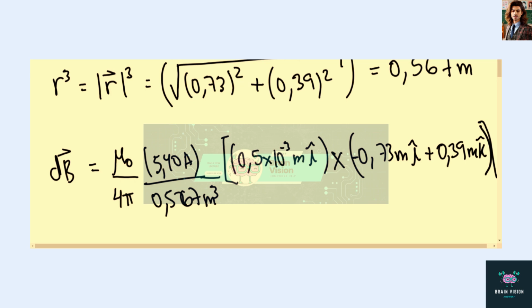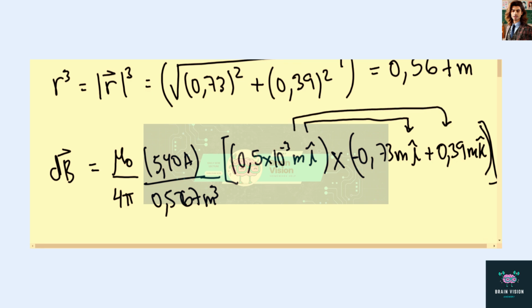So we need to do this cross product. We know that when we do the cross product of the same unit vectors, when we do I cross product with I, we obtain 0. So from there, that term we obtain 0.